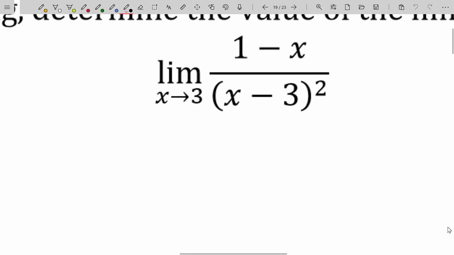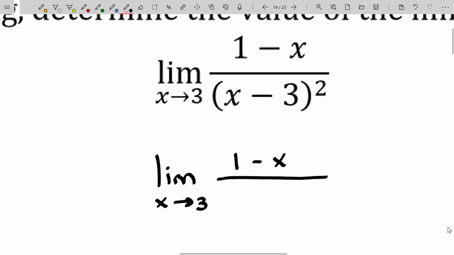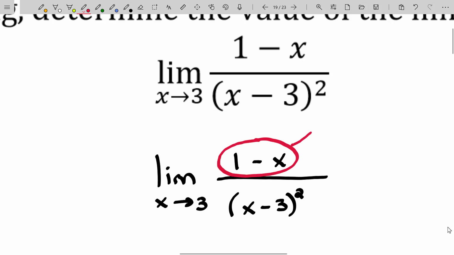I'd first start by saying, okay, the limit as x approaches 3 of, I would just rewrite this very quickly. There's a specific reason why I'm doing this. And I would say that that numerator is tending to, this is how I notate it. This is how a lot of people notate it, in fact.